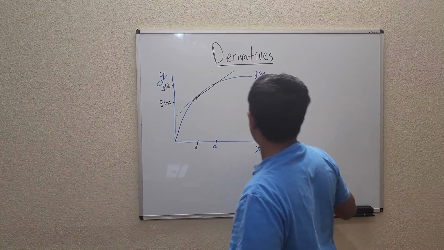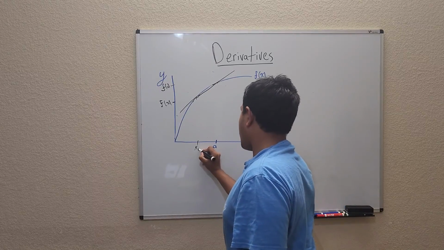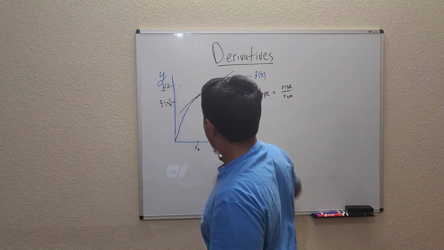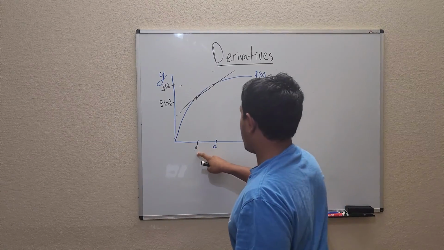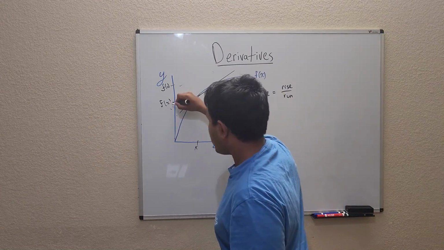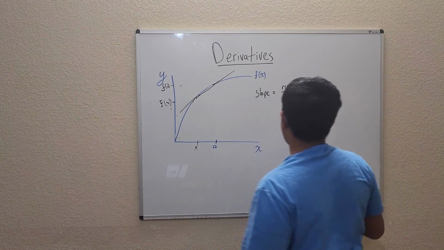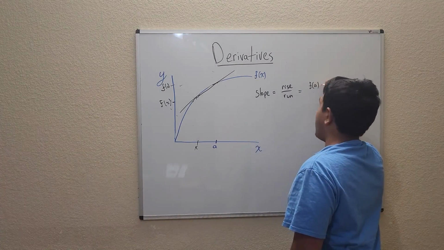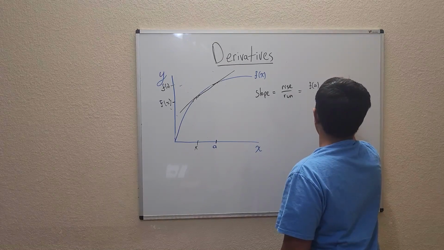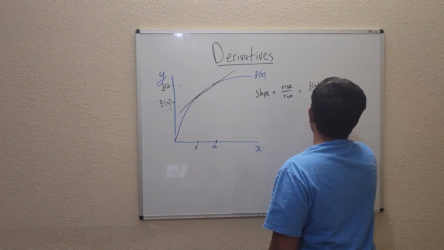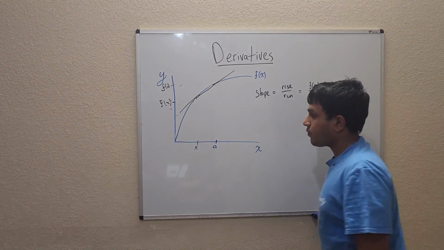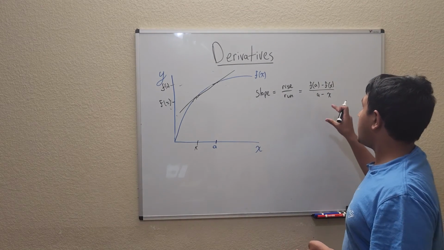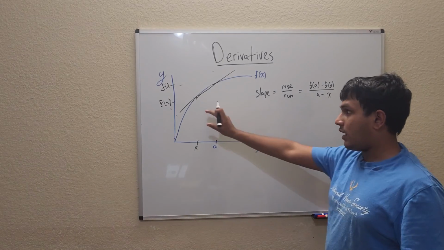Okay, now slope is rise over run. What is the rise? Rise is f of a minus f of x. And the run is a minus x, right?